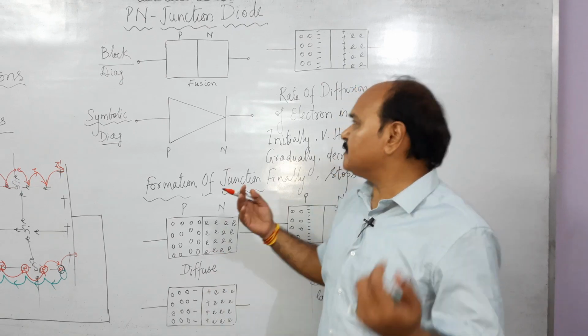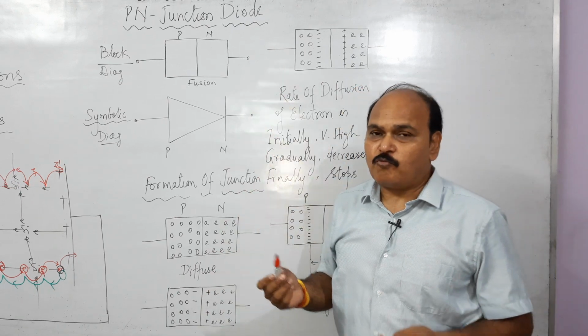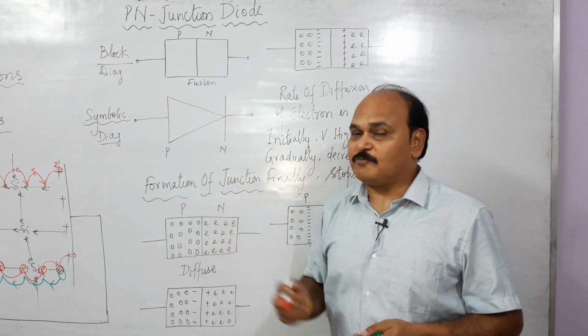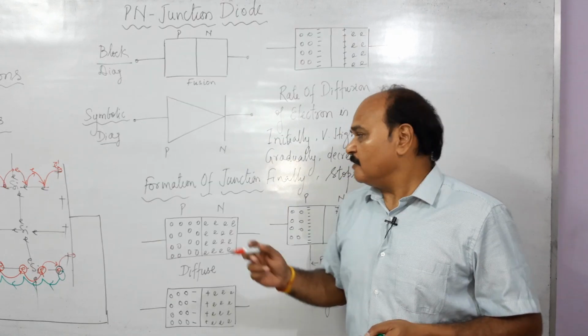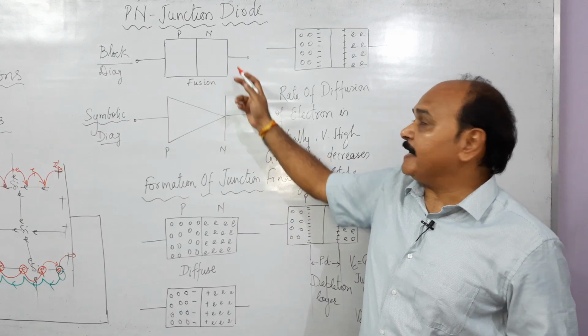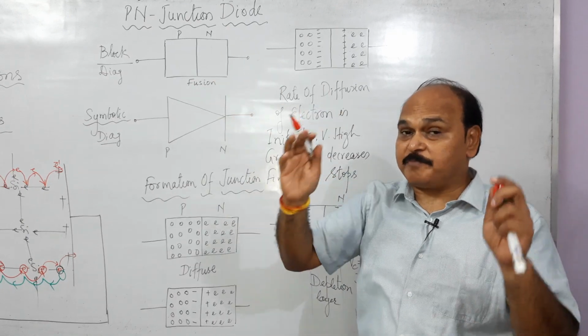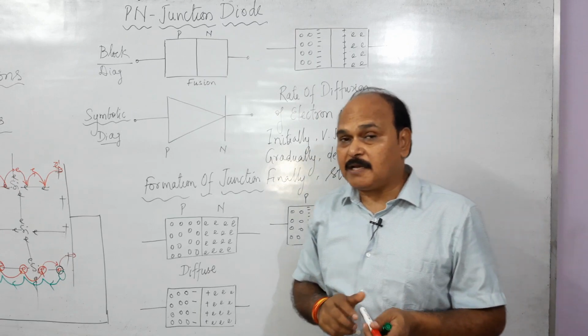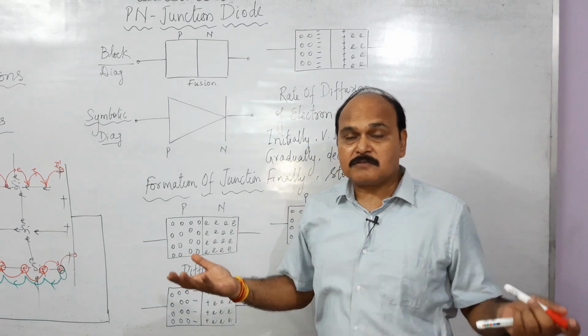So children, what happens when this junction is formed? What happens over the junction when p-n junction diode is formed? Well, when we fuse p and n, we know p type of material has a large number of holes, and n type of material has a large number of electrons.